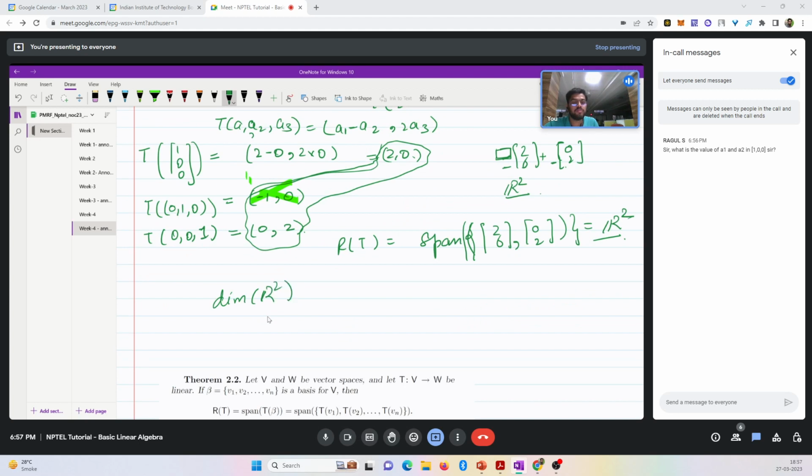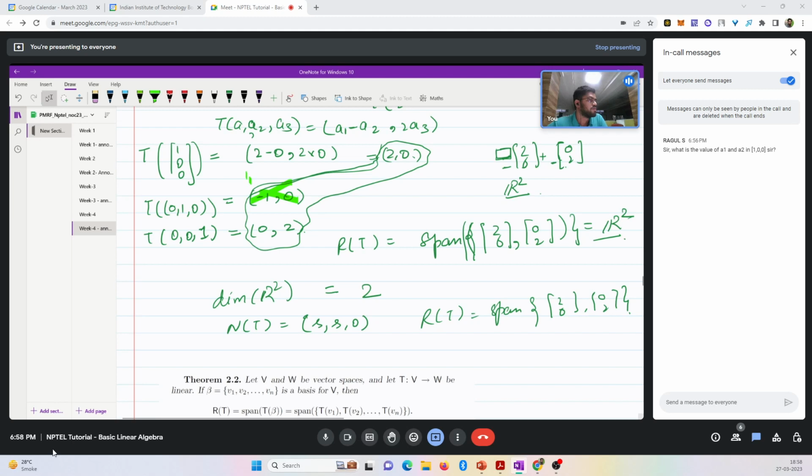Because you had two linearly independent vectors over here, the dimension is 2. So the null space of T was of the form (s, s, 0), and R of T came out to be the span of (1, 0) and (0, 2).